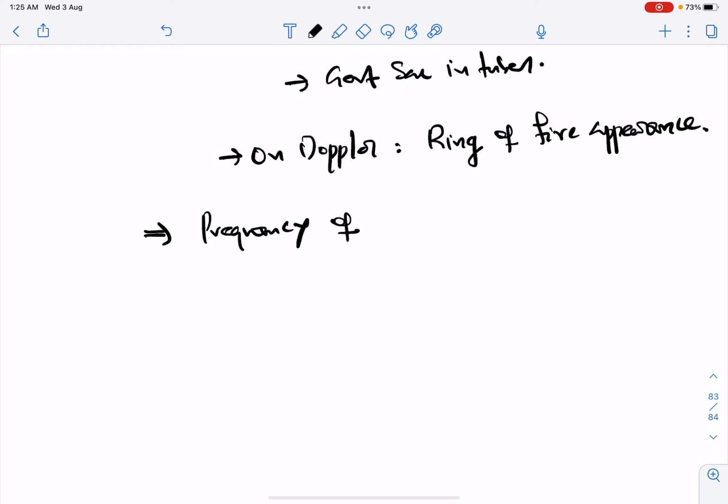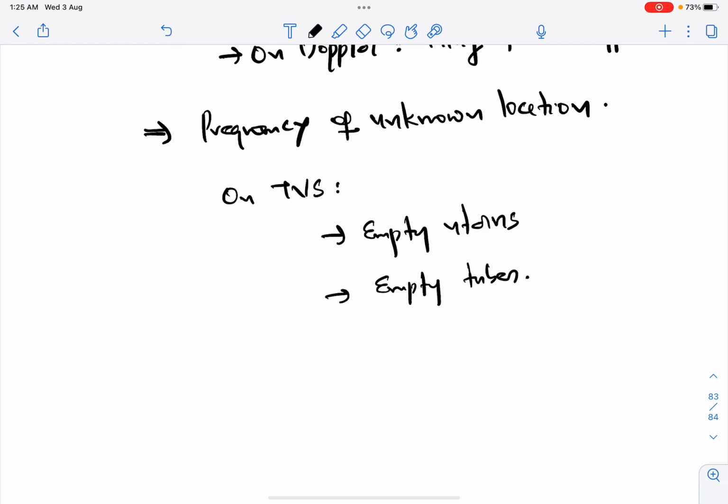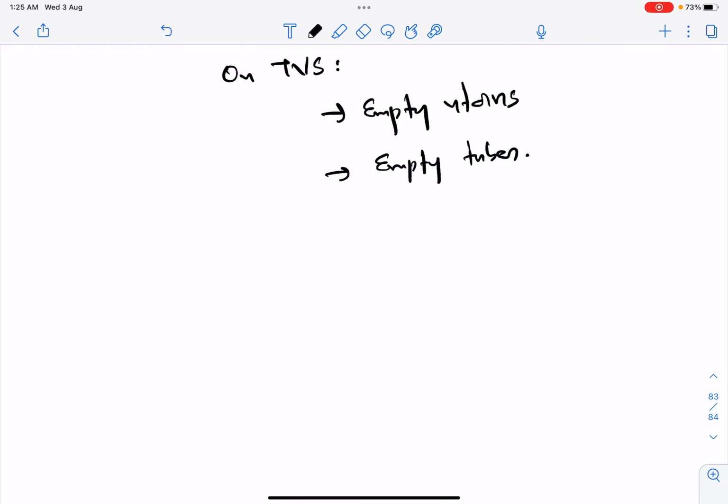On transvaginal sonography, there will be an empty uterus and also empty tubes. There is no sac in the tube also. In such a situation, do beta HCG.